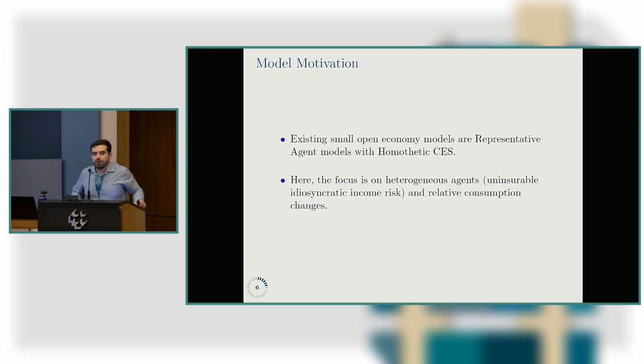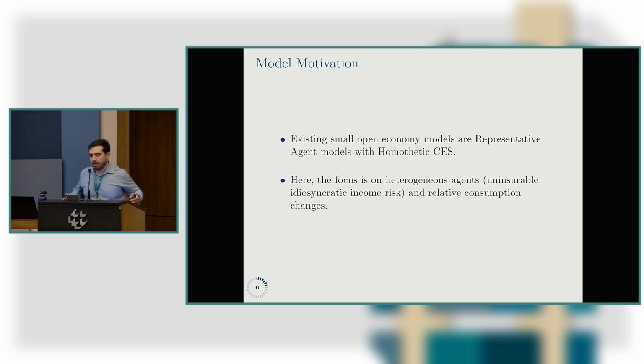So the motivation for the model, as I told you at the beginning: existing small open economy models have a representative agent with homothetic CES preferences, but in practice we know that in emerging markets there is strong inequality in consumption. The marginal propensities to consume are quite a bit higher than zero.